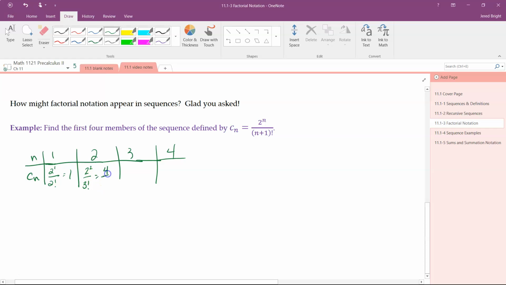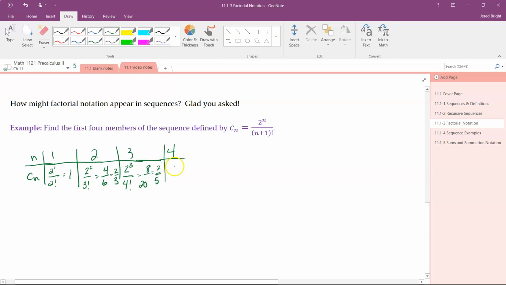So this is 4 over 6, which I can simplify to 2/3. Next, 2 to the 3rd over 4 factorial, 3 plus 1. So this is 8 over 24, which I can reduce as 1/3.